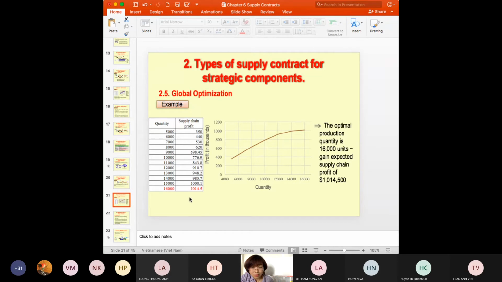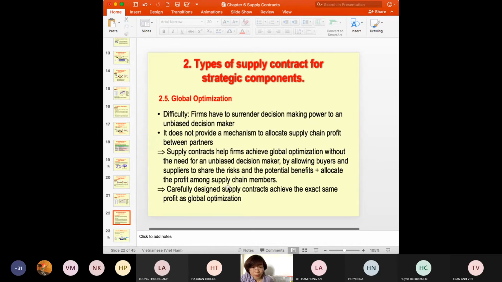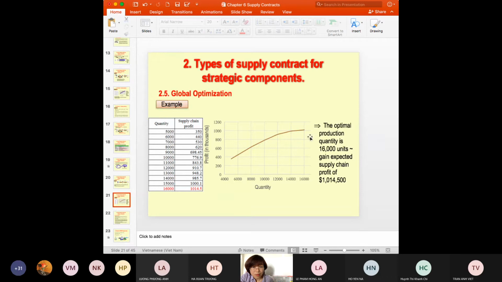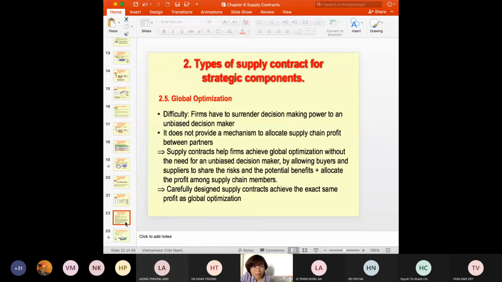More than 1 million. Billion, 1 billion. Compared with the previous contracts, you can see that with global optimization, we can get more profit.